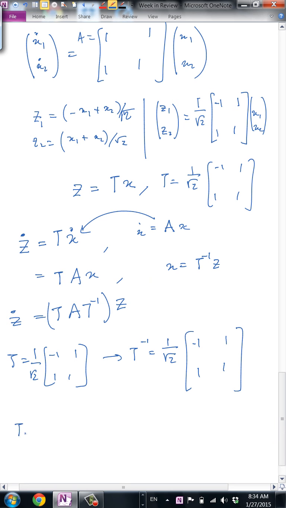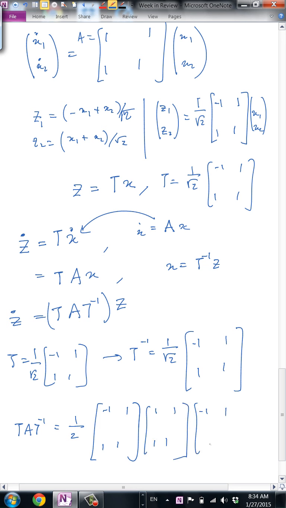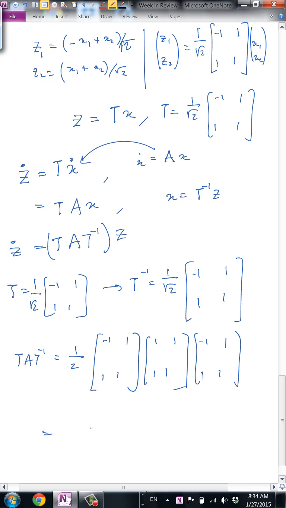T A T inverse is going to be, collecting the two 1 over square root of 2's, 1 over 2 times [minus 1, 1; 1, 1] times the matrix A, [1, 1; 1, 1], times [minus 1, 1; 1, 1]. And you can check that this is exactly the matrix that we got for A hat.